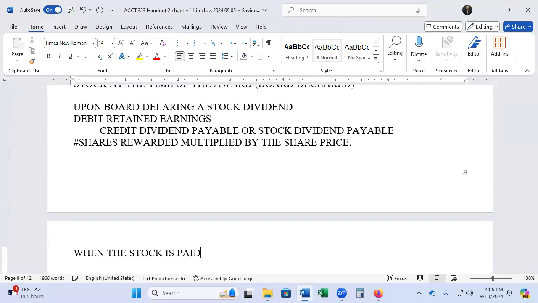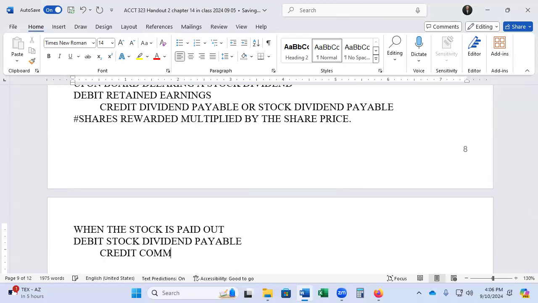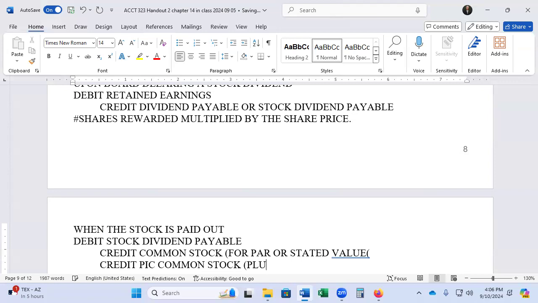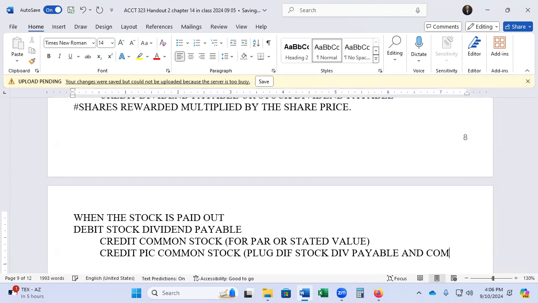When the stock is paid out, debit stock dividend payable, or dividend payable if you put it in that way, and then you credit common stock at par or stated value, and then you'll credit paid-in capital common stock, and you'll plug the difference between the stock dividend and common stock.